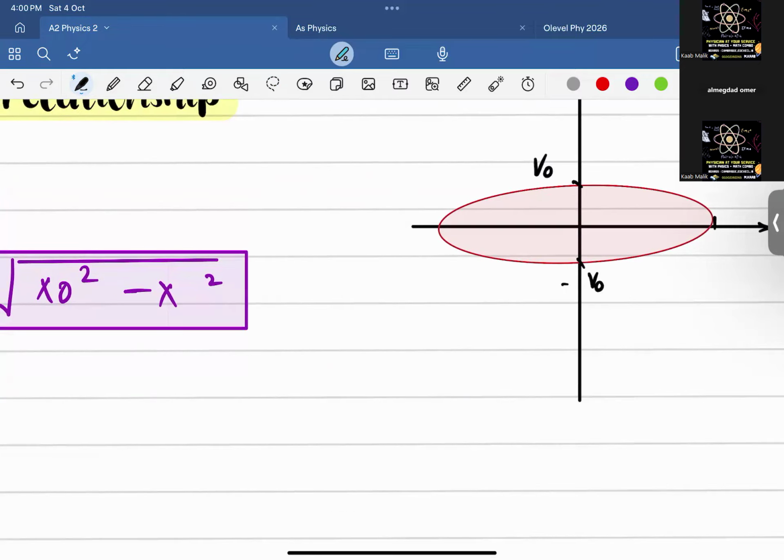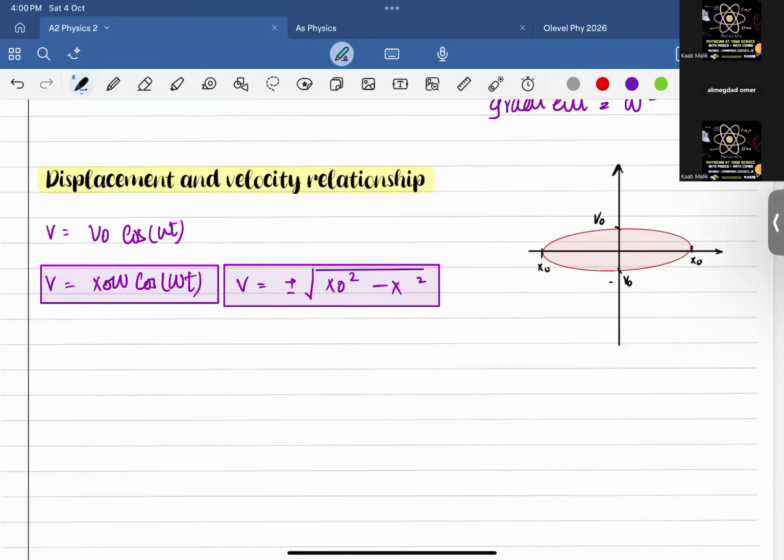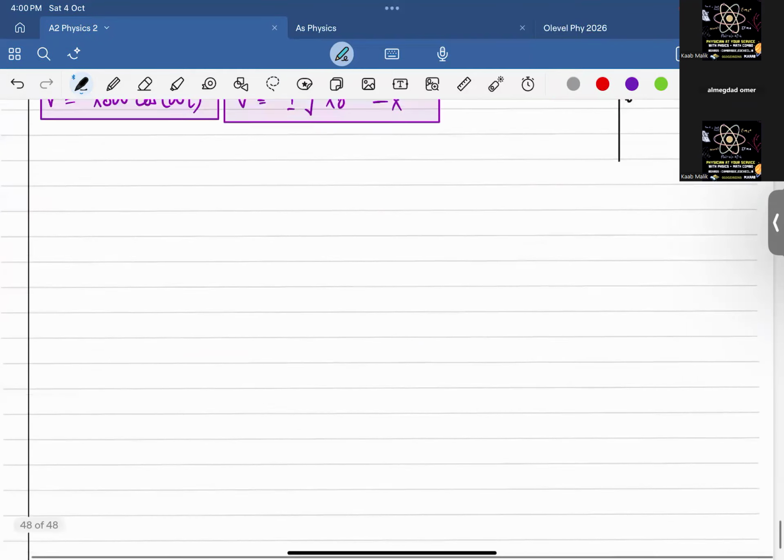This point is the displacement, and that point is also the displacement, but in the opposite direction. By the way, this formula is very important, and they ask you about it many times in the exams, so be very careful.